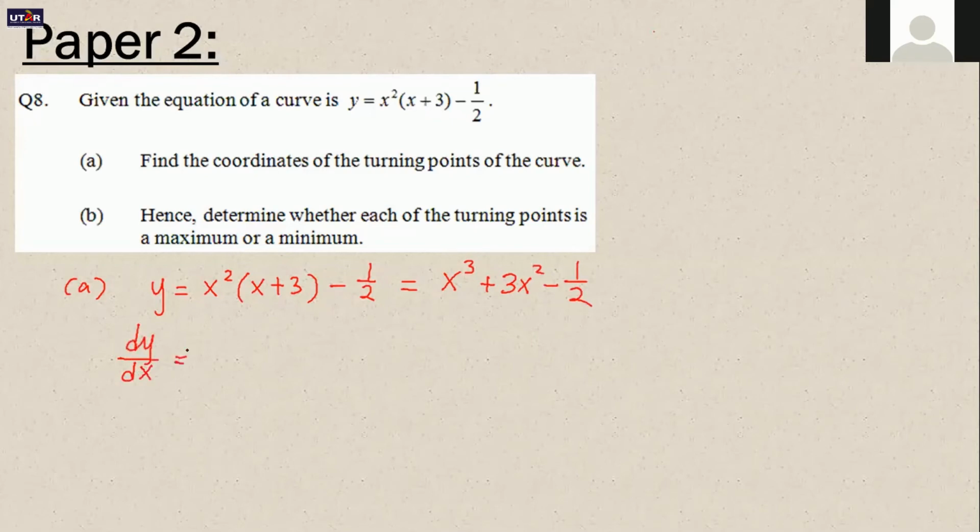So differentiate the function y with respect to x. Differentiate the first term, x power 3, we have 3x squared. Differentiate the second term, we have plus 6x. Then the third term is a constant, negative 1 over 2, no variable x there. So differentiating a constant, we should get 0. Okay? So to find the turning point, you have to let the first derivative equal 0.